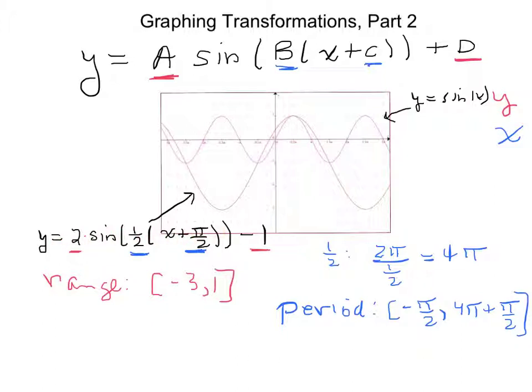Right? So it starts at minus pi over 2. Just like sine starts at 0, this starts at minus pi over 2. And after one full period, it's going to be at 4 pi plus pi over 2. And we'll do one more, but that's pretty much how this works, dealing with the y values and dealing with the x values.